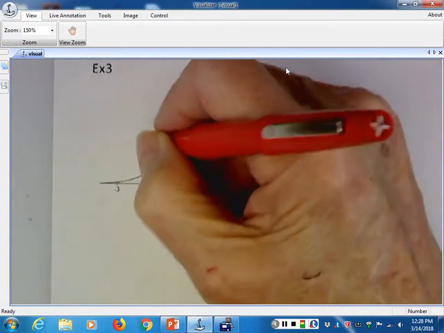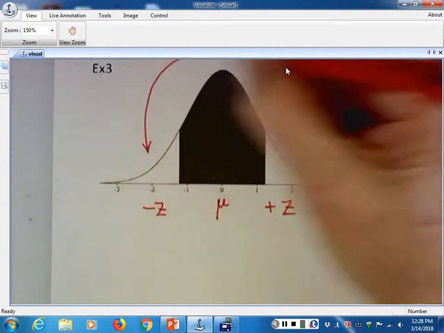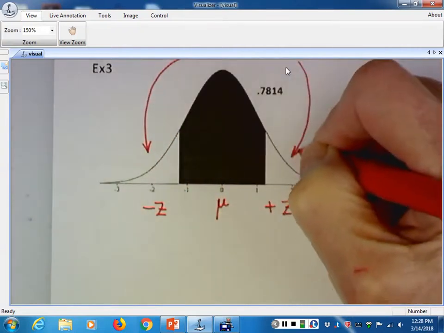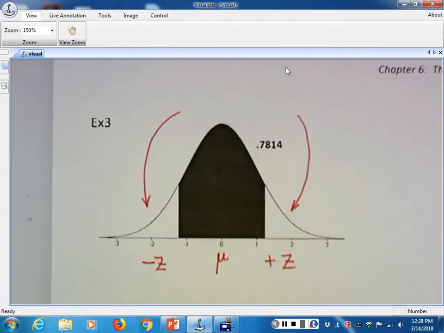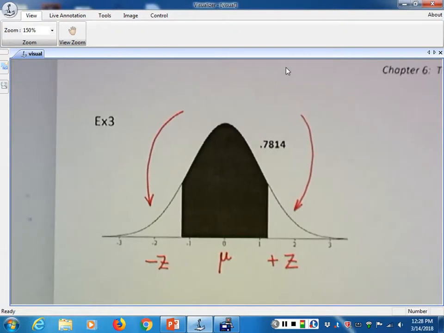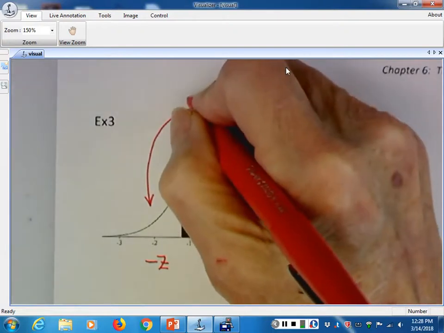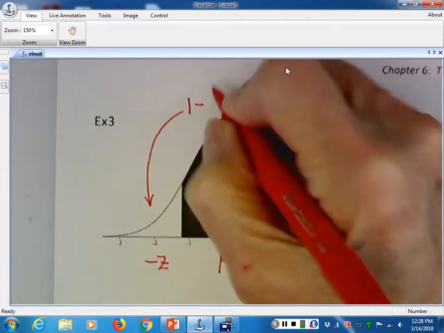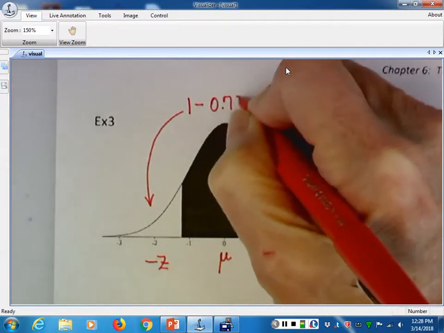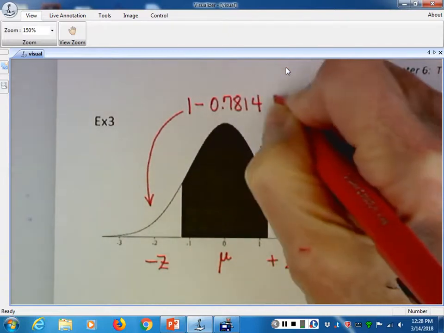The total area that is not shaded is 1 minus 0.7814.